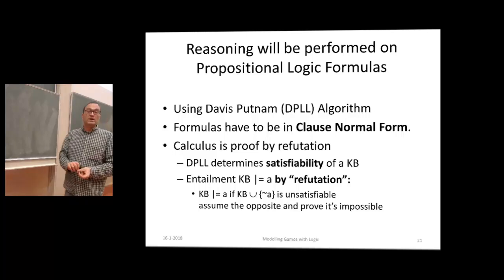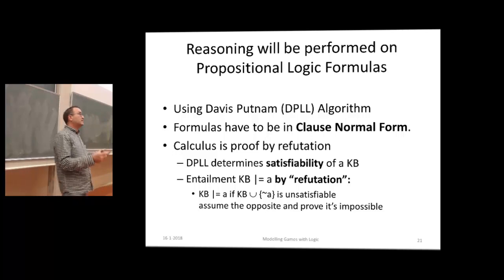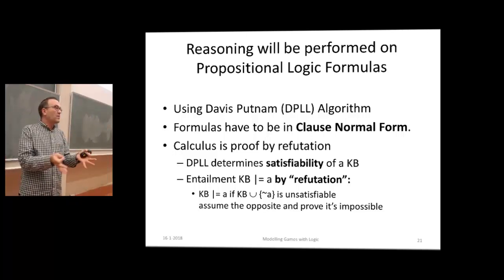There is an important property that you need your formula in before you can apply the Davis-Putnam procedure, and that's that they need to be in some kind of normal form. I spare you the normal form today, but basically the idea is that you can transform any formula in propositional logic into a formula which consists of one big conjunction of several disjunctions of atoms or negated atoms.